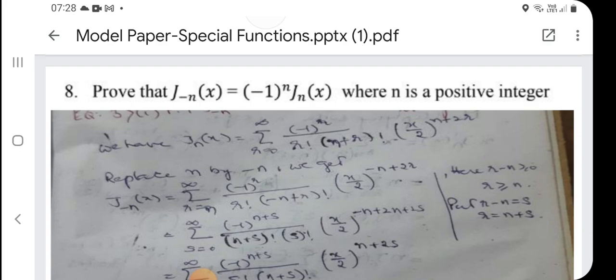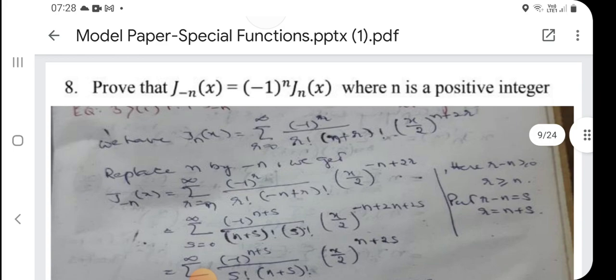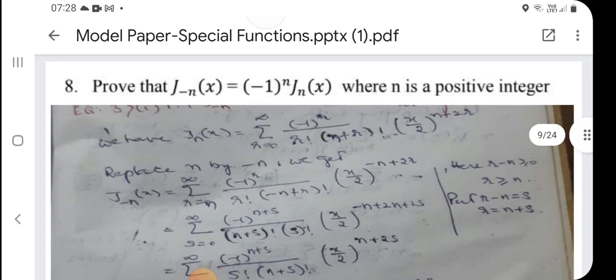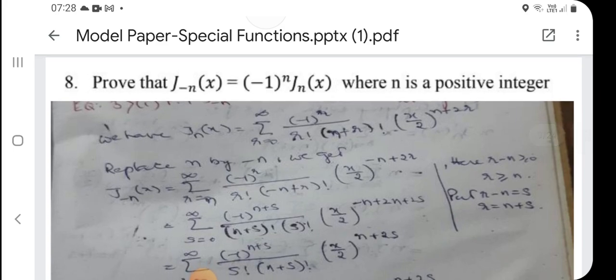So j minus n of x can be written as summation r running from n to infinity minus 1 power r divided by r factorial into minus n plus r factorial into x by 2 whole to the power of minus n plus 2r.